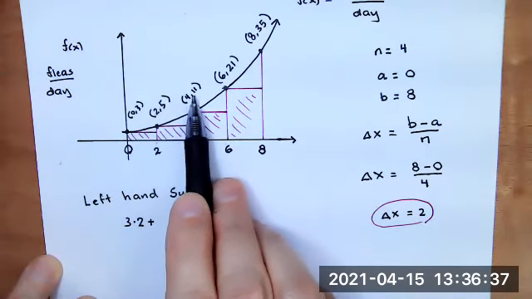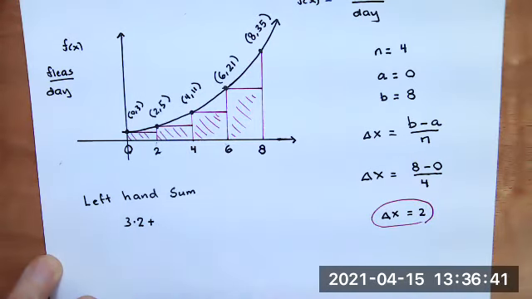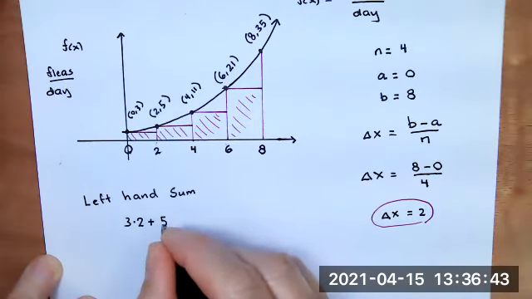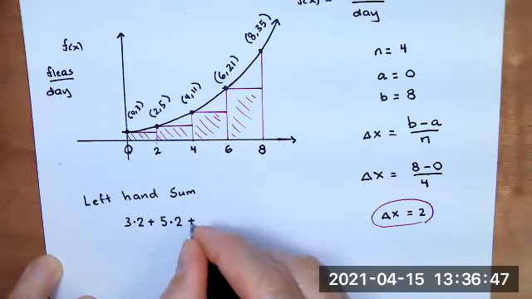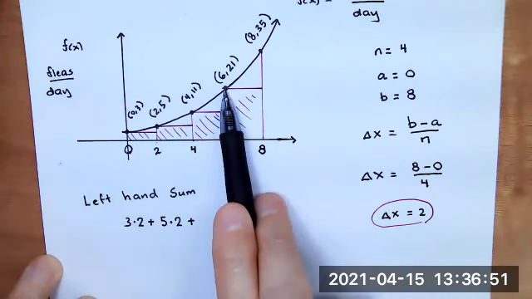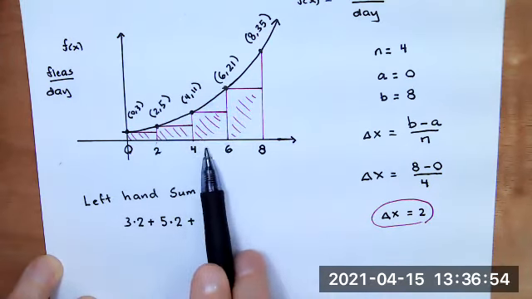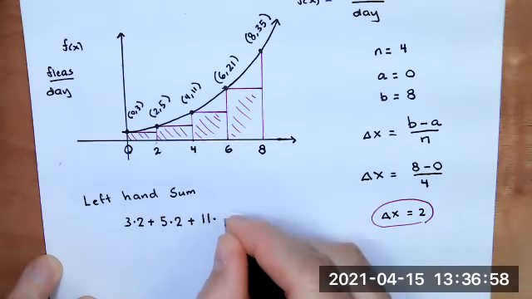and then here, do I use the 5 or the 11? If you said the 5, that would be correct. And here I'm going to use the 11 or the 21. That's right, we're going to use the 11.